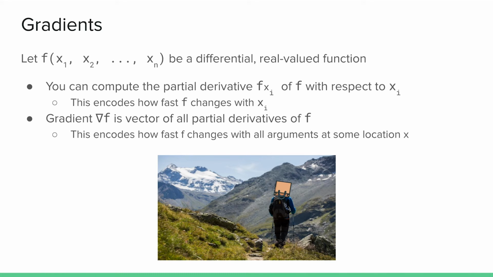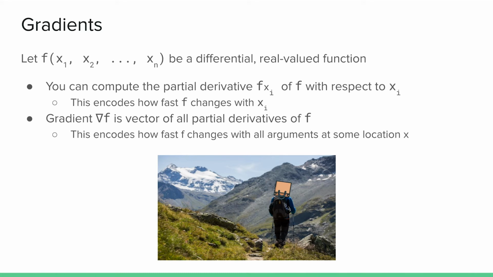So let f be a differentiable real-valued function, in our case the loss function, the mean squared error or the cross entropy loss. Now you can compute the partial derivative of f with respect to xi. So we can say, if I change the parameter xi, what difference does it make for my function?